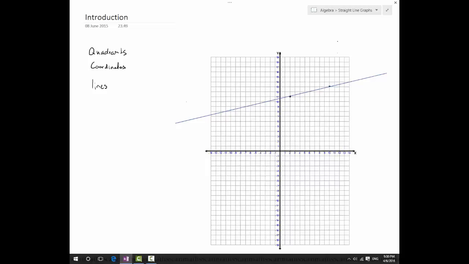And what I'm looking to do, in the next lesson, is to give you a way to give an equation of a line. We'll start off with horizontal lines, lines that go across.